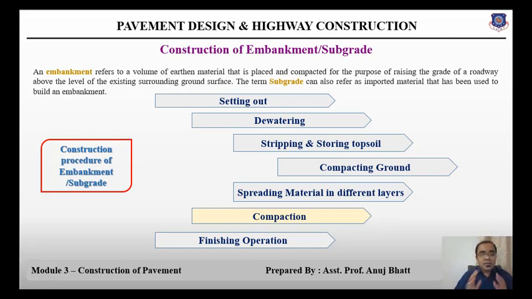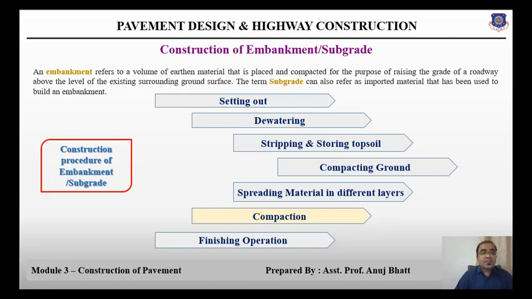The subsequent layer shall be placed only after the finished layer has been tested and accepted. The top levels of the embankment shall be checked with reference to the longitudinal and cross profile of the road as per drawing to keep the variation within the tolerance limit.